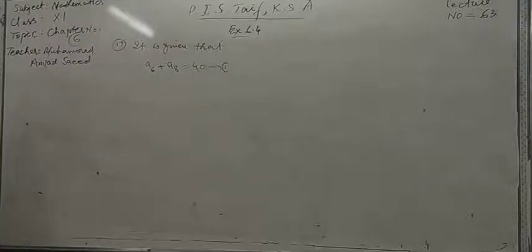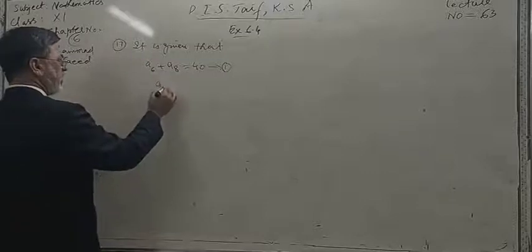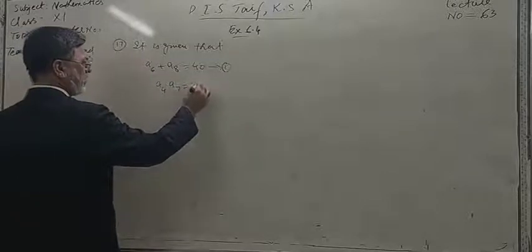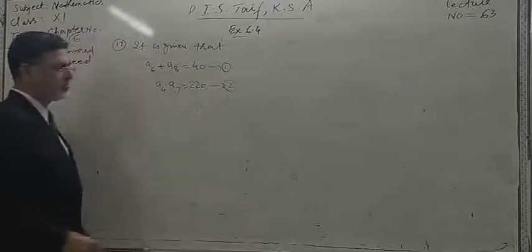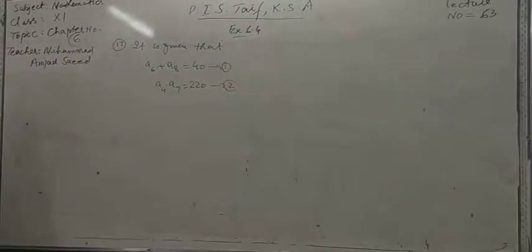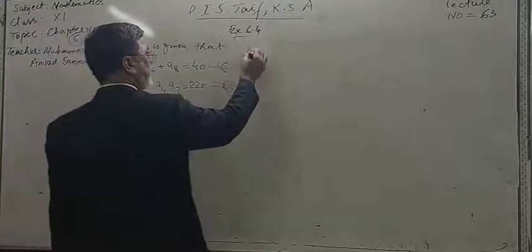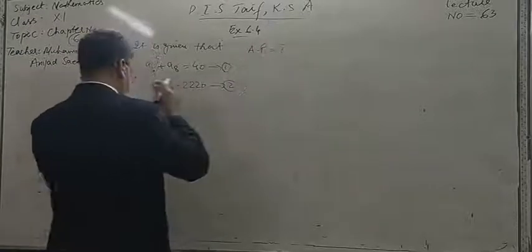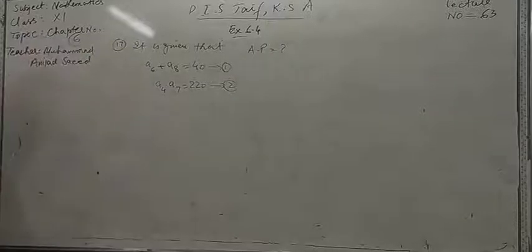The second is the product of the 4th and 7th terms is 220. Yes, 220. So we have to find the arithmetic progression, the arithmetic sequence.